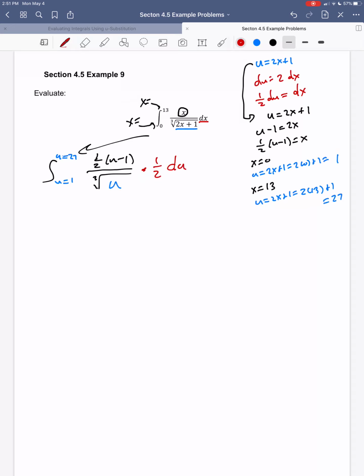Okay, so now this 1/2 and this 1/2 can both be pulled out. So I get 1/4 integral 1 to 27. I just have u minus 1 over the cube root of u.